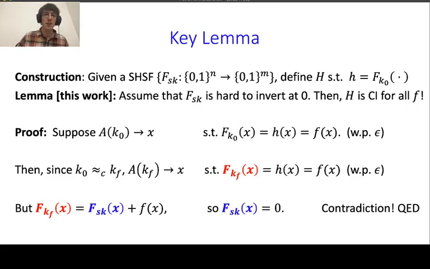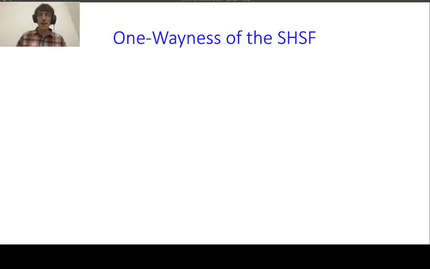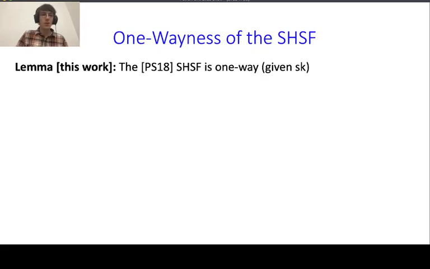But it's very similar to this lemma. So that's the reduction. Now all we need to do is find shift-hiding shiftable functions that are also one-way functions, essentially. I'll just explain one of the constructions.